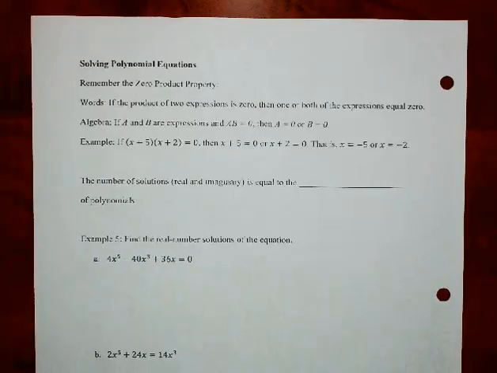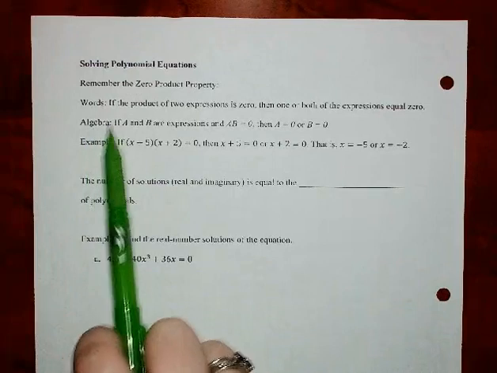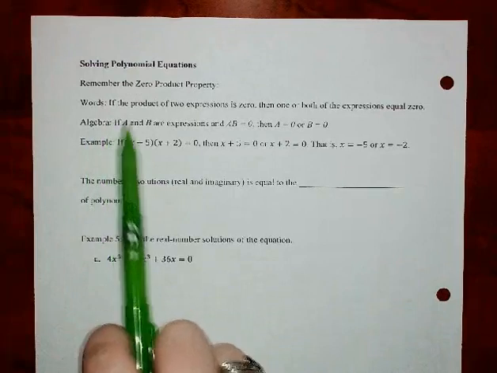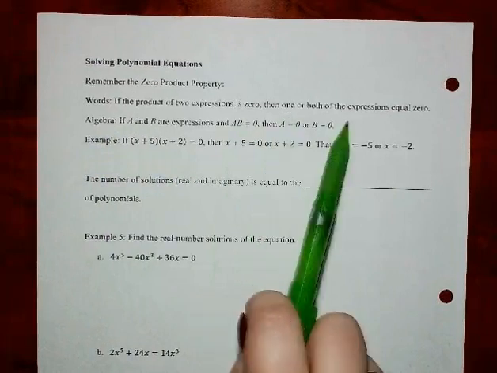Okay, so the last thing we're going to talk about today is solving polynomial equations. So we have to think back to the zero product property. In words, the zero product property says, if the product of two expressions is 0, then one or both of the expressions equals 0.